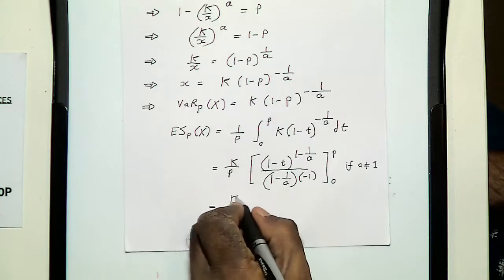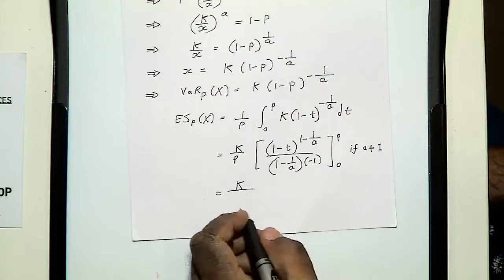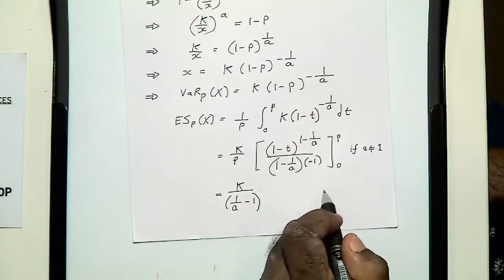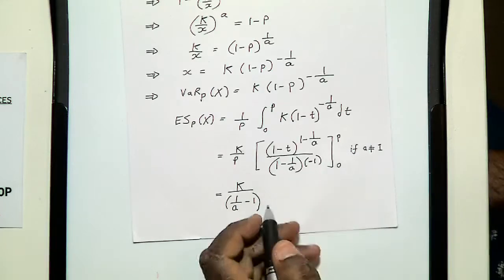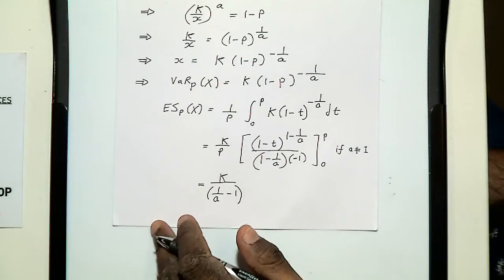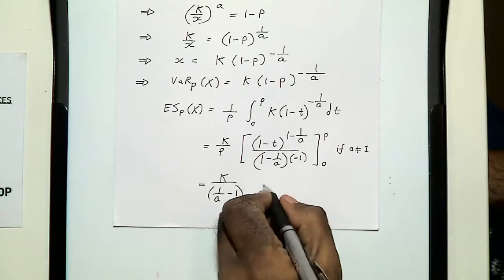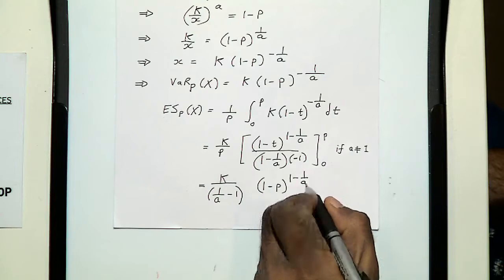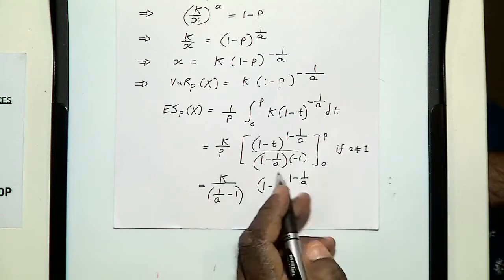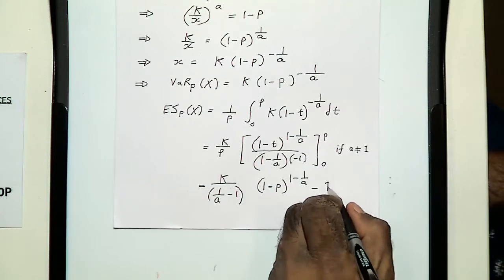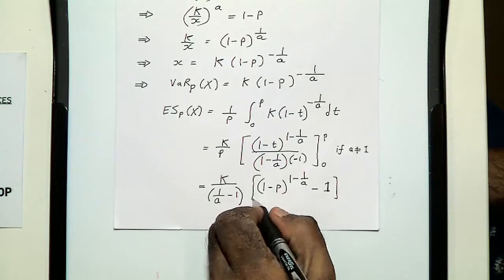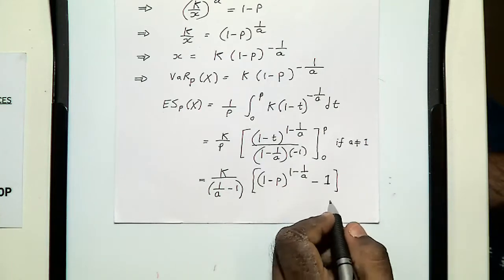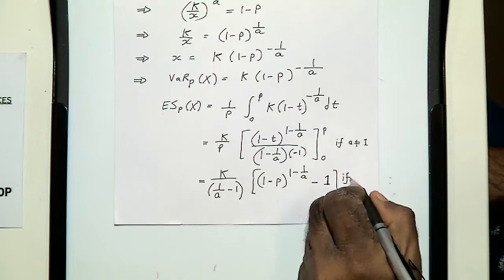So this becomes k over 1 over a minus 1 here, and taking the limit at p, you get 1 minus p, and taking the limit at 0, you get 1. All right, so here we are still assuming that a is not equal to 1.